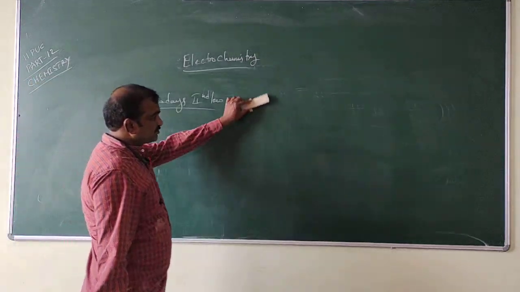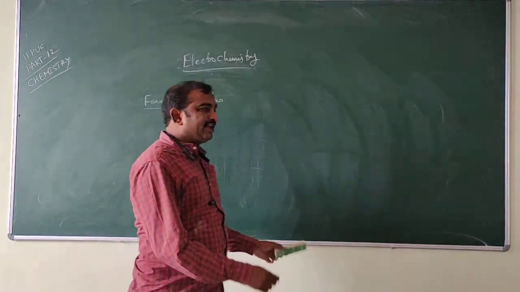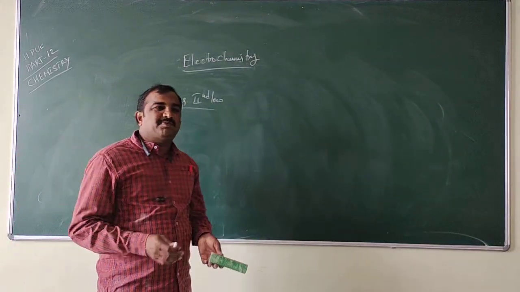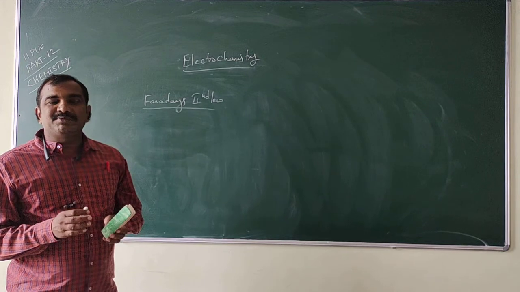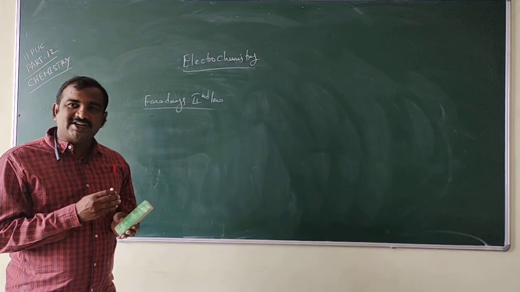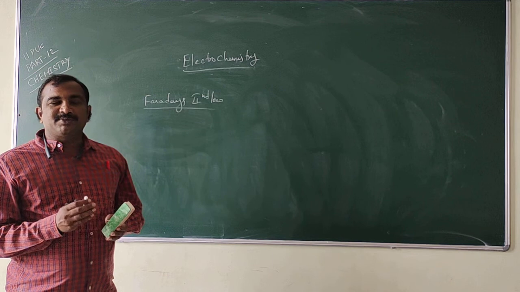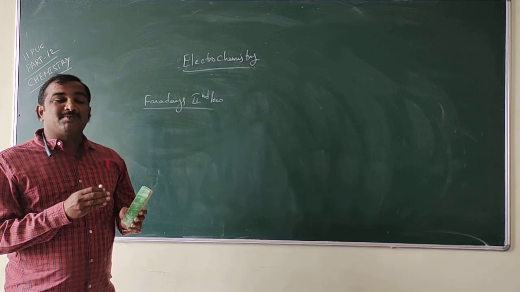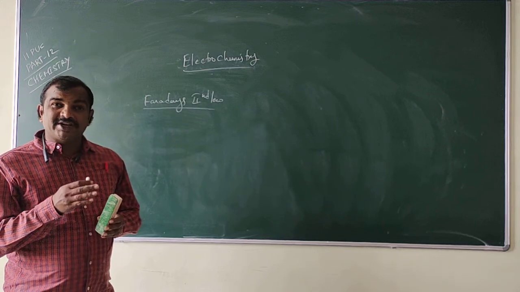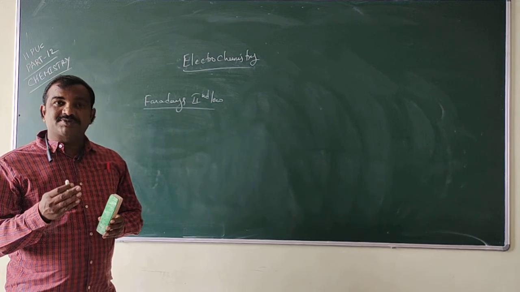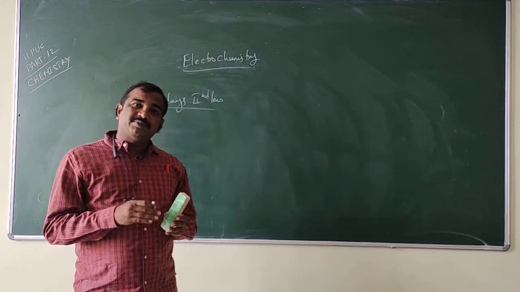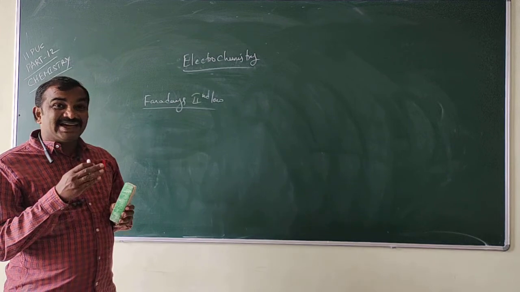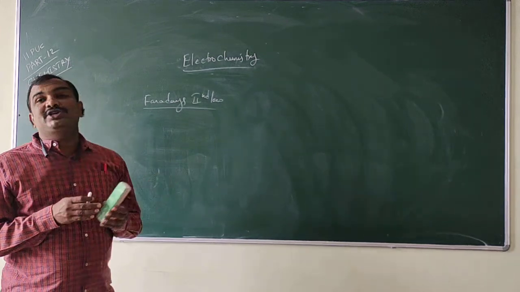Here we have taken three beakers, and the same quantity of electricity is passed through the electrolyte solutions. Then the amount of substance deposited or liberated is directly proportional to their respective equivalent weights.